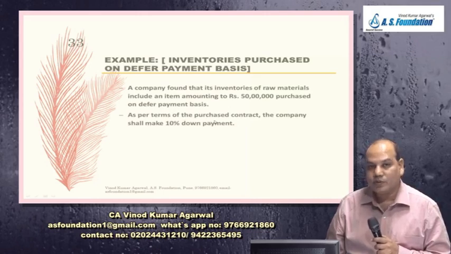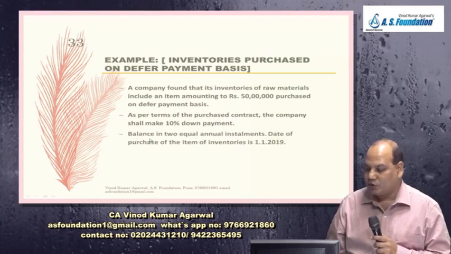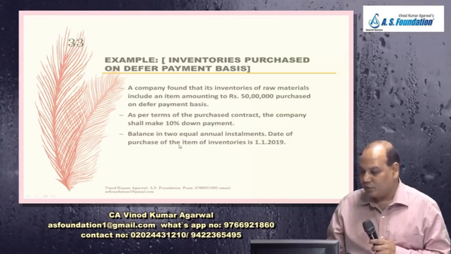As per the terms of the purchase contract, the company shall make 10% down payment. So out of 50 lakh, 10% of 50 lakh, 5 lakh rupees will be paid now. How much is remaining? 45 lakh. Balance into equal installment. 45 divided by 2, 22 lakh 50,000. So that will be paid in 2 annual installment.